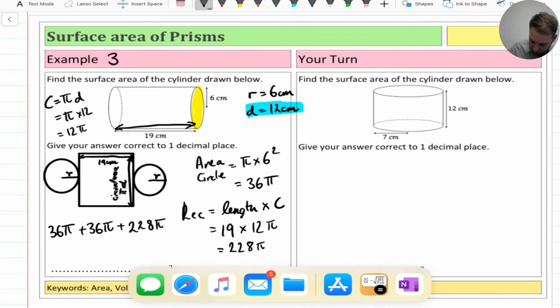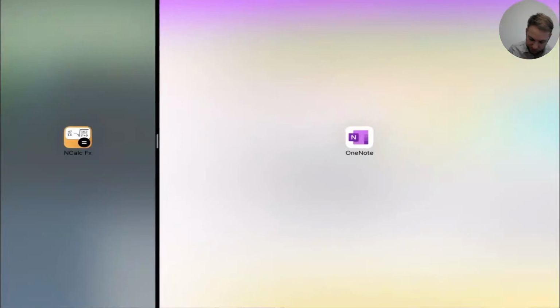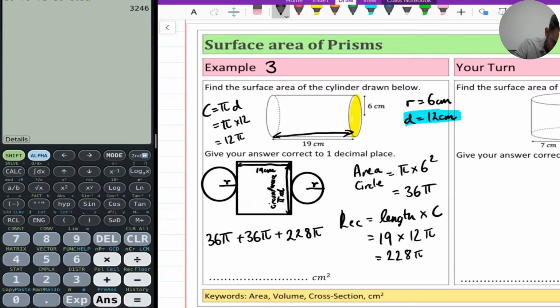So let's do that now. 36 pi plus 36 pi plus 228 pi is equal to 300 pi centimeters squared. But they want it to one decimal place, so I'm going to press S to D, which gives me this. So to one decimal place, that's 942.5 centimeters squared.